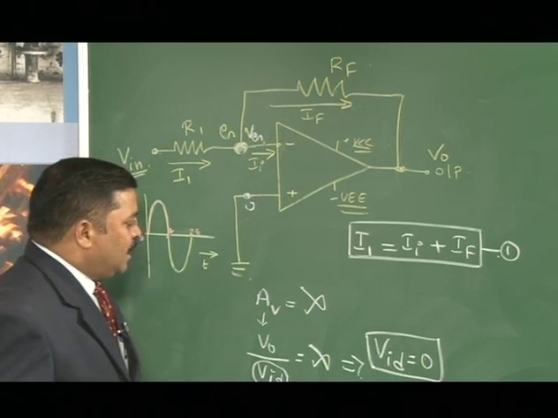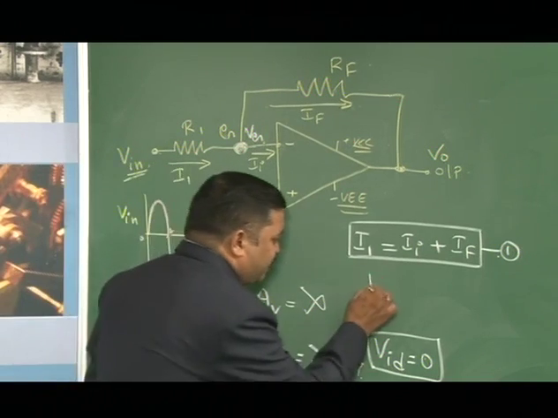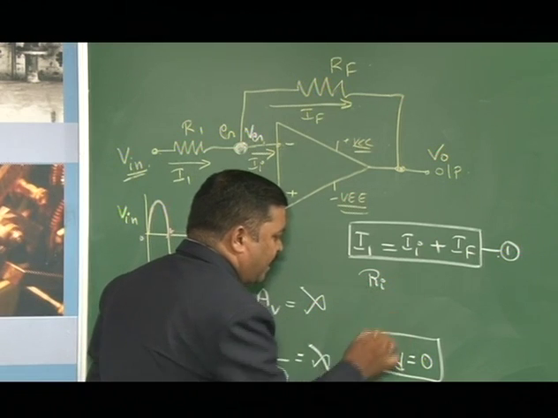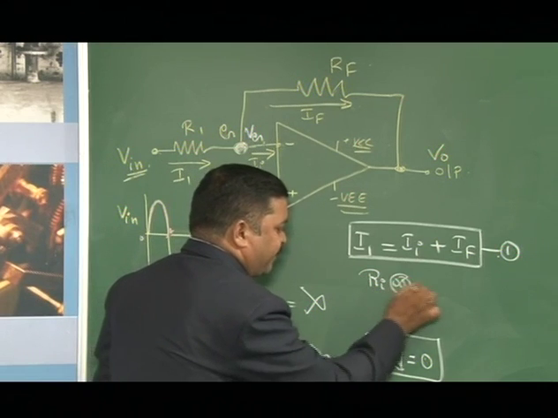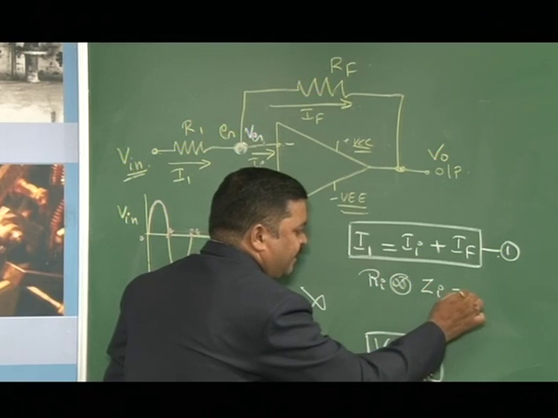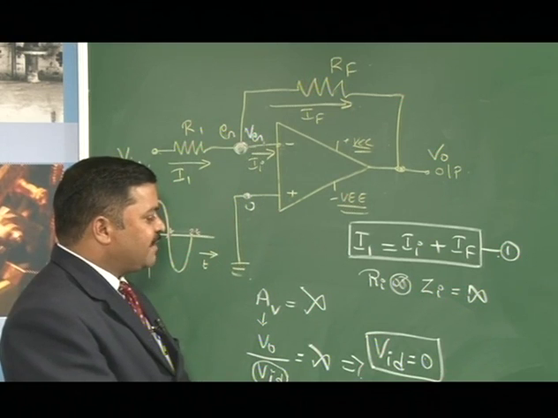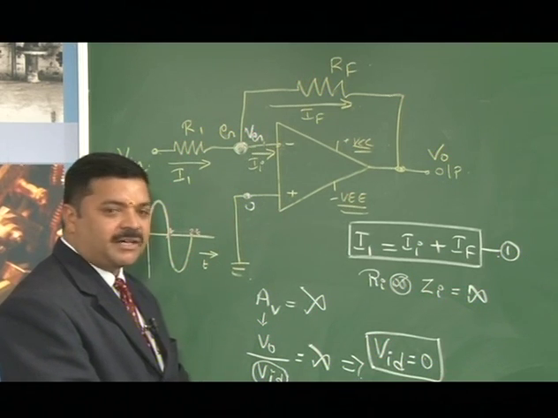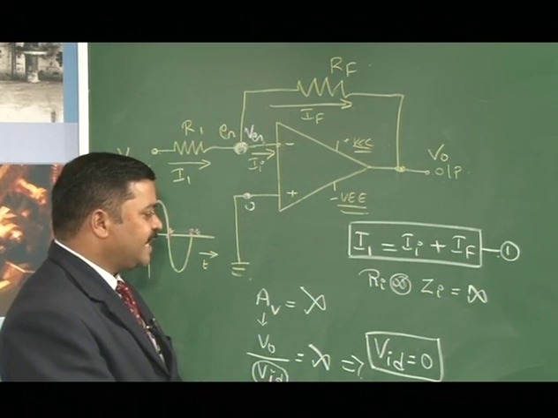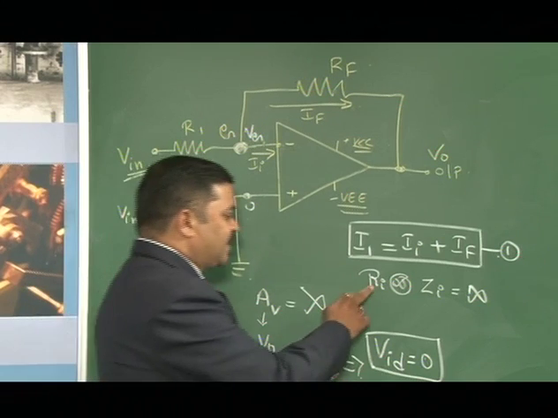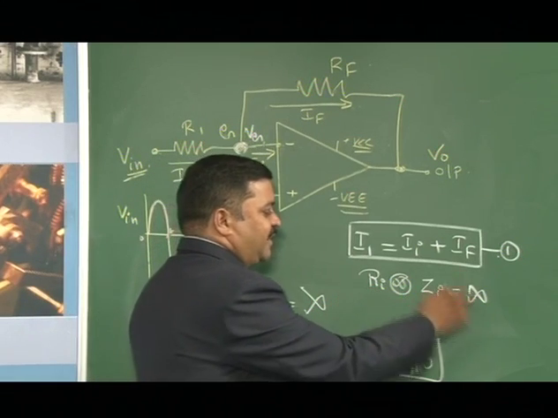Now, for an ideal op-amp, we have seen the ideal characteristics: Ri or Zi is equal to infinity. That means the input impedance or the input resistance of an ideal op-amp is equal to infinity.